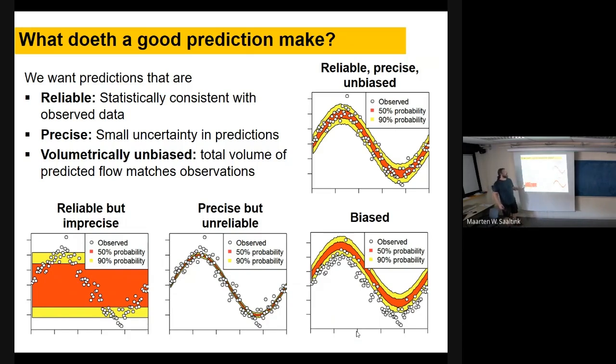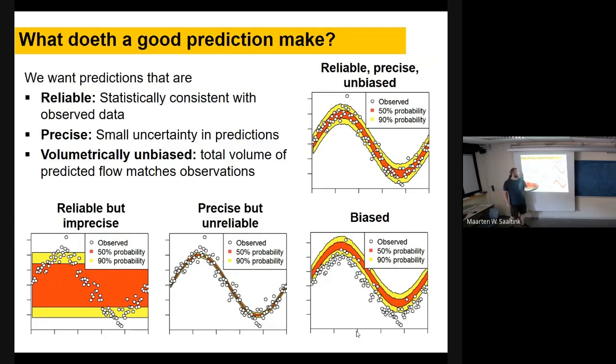Here is an example of a predicted distribution which is reliable but imprecise. So this is actually very reliable. Again, the correct fraction of the observations are in the right probability limits, but already intuitively we can see that it's not a very useful prediction because it's very imprecise, very vague. If you want to make some decisions, clearly you prefer this distribution to this distribution.